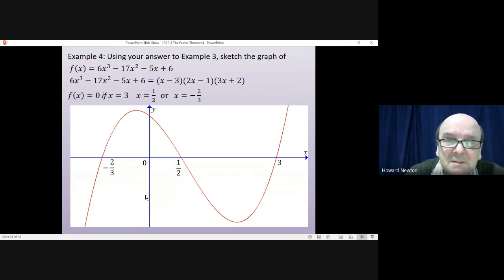And that means that the cubic will look something like this. So with a crossing point here at minus 2/3, one here at 1/2, one here at 3. And this crossing point on the y-axis here, which isn't labeled, that will be plus 6. You can just read that from the constant at the end.